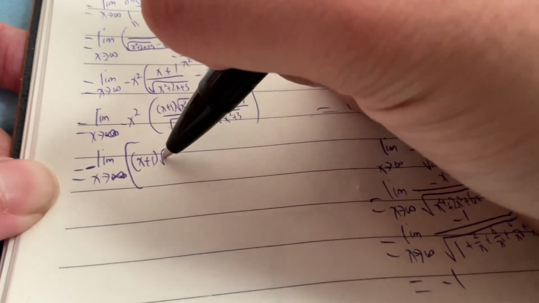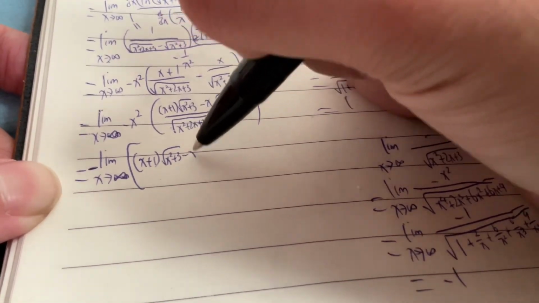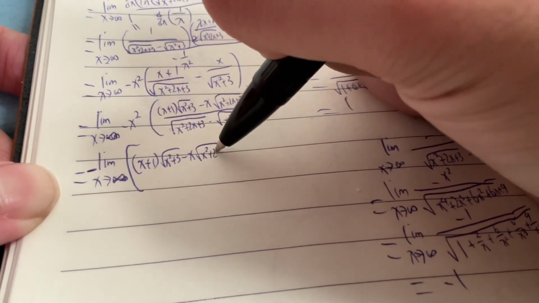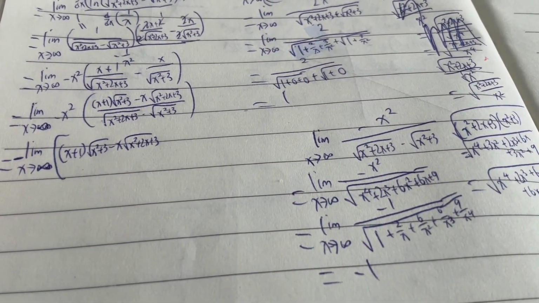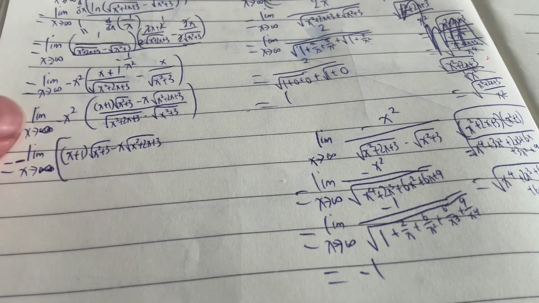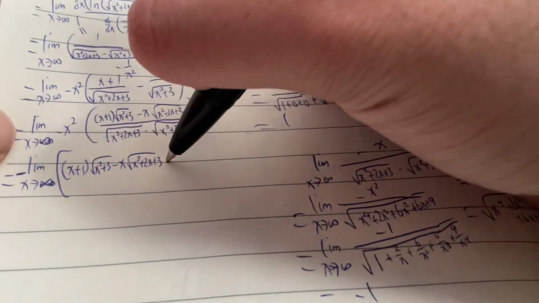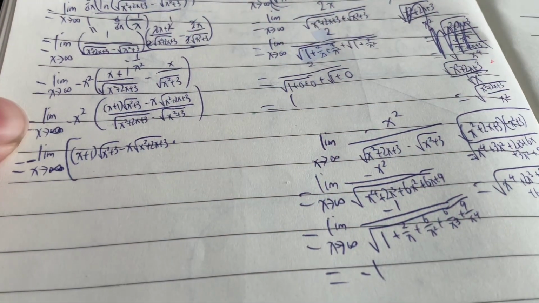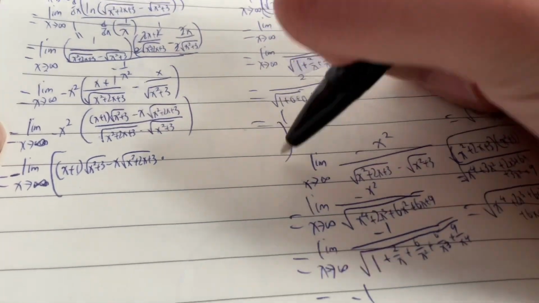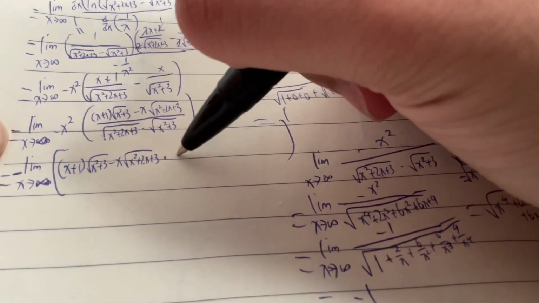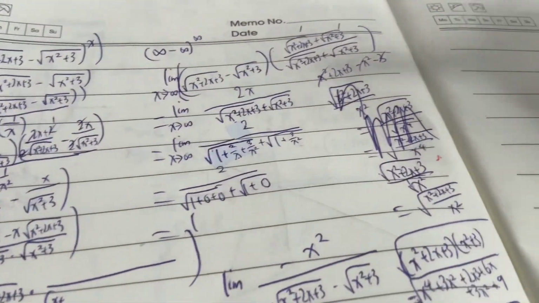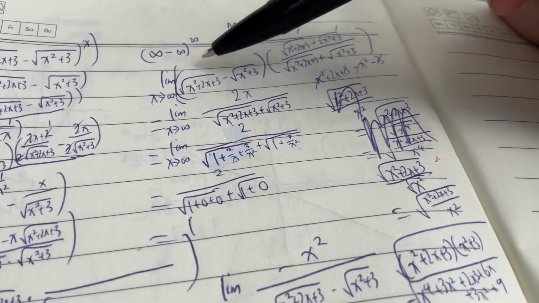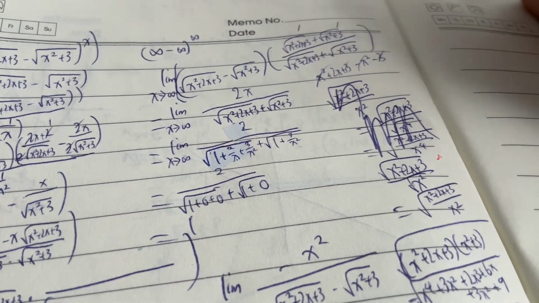This is such a hard question. The limit of (x squared plus 3 minus x) times the square root of x squared plus 2x plus 3. Let me multiply by the conjugate, but I don't want to put parentheses here. Let me just use this dot as the multiplication symbol. Multiply by the conjugate once again. You can also write this as this. Multiply, but so many parentheses.